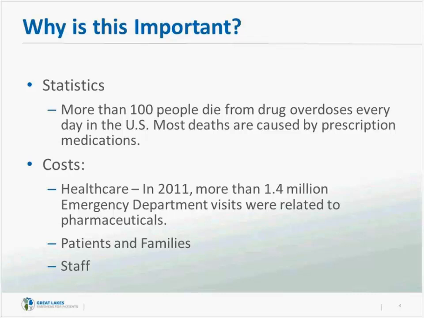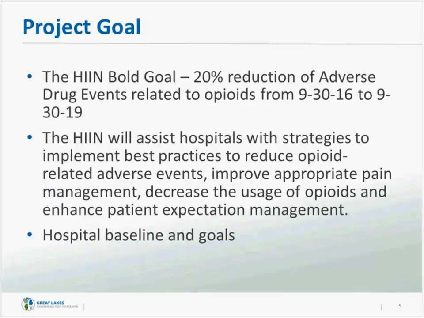There certainly is a cost associated with this, and you can see on this slide how many emergency department visits were related to pharmaceutical adverse events. If you monetize that, that certainly makes a big dent in the healthcare costs in the United States. And then there are obviously also costs to patients, to their families, to the staff members, to the hospitals, to staffing models that really are significant and bear paying attention to.